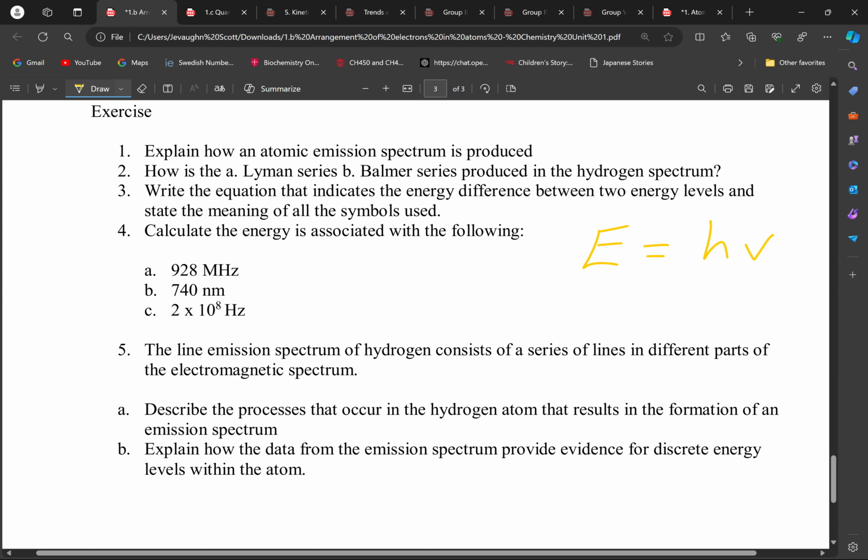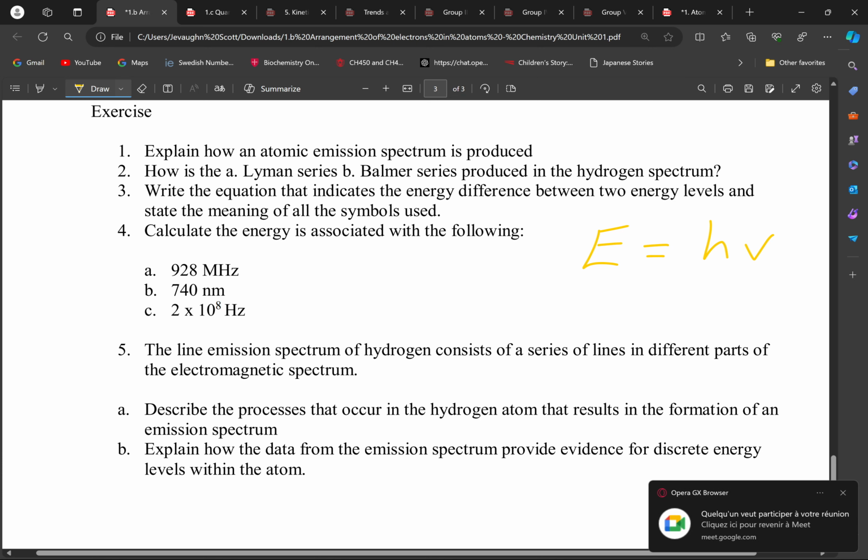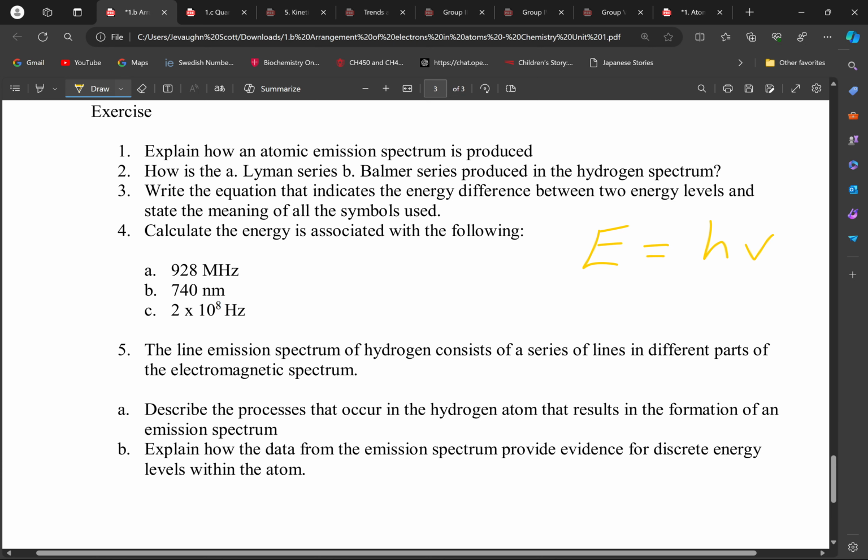Therefore, we must be able to calculate the frequency and the wavelength of light. We must be able to calculate anything in hertz, anything in nanometers. It doesn't matter what, we must be able to convert units. So that should be fine. We must be able to use that equation to do all sorts of stuff. The speed of light is equal to the wavelength times the frequency as well. So you must be able to use that to do all of these equations.